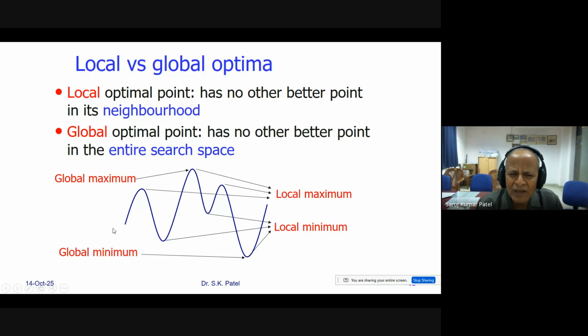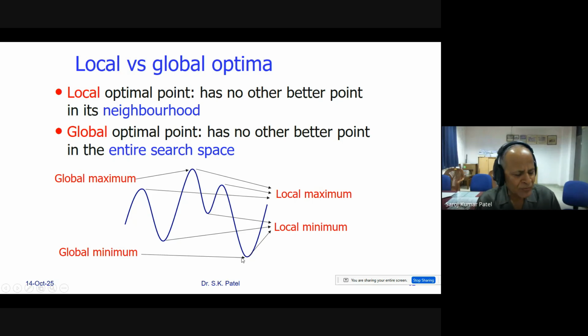Then a function may have many local maximum like this. There are three local maximum. Locally, it is a maximum point, and out of which the most maximum is this. So this is called global maximum. Similarly, here we have three local minimum, and out of which the most minimum is this. So this will be called global minimum.